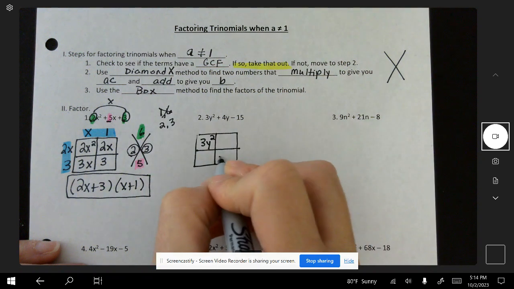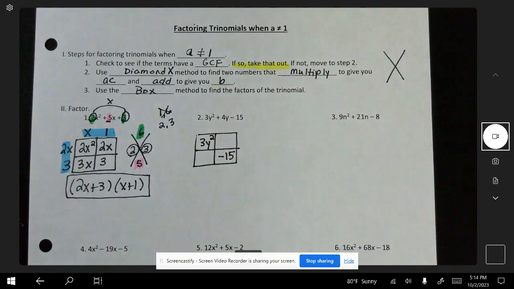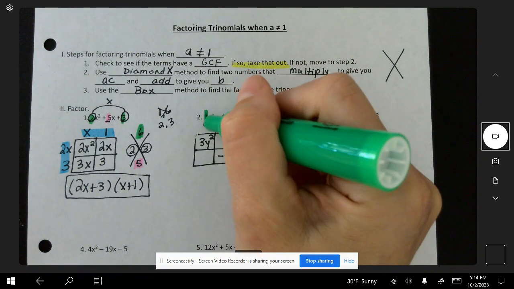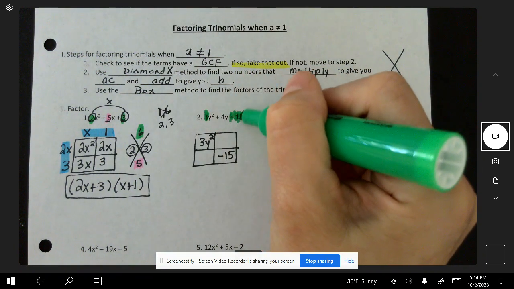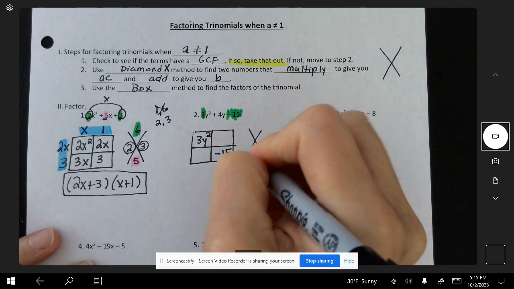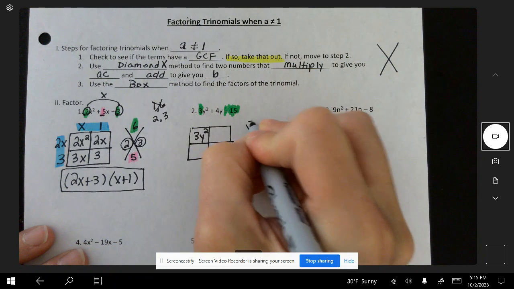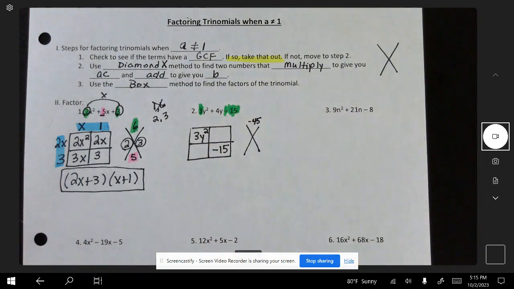The bottom right is negative 15. Now remember, we're multiplying the 3 times the negative 15 to come up with the top number of my x. So negative 15 times 3, that's a negative 45. That's where I get that number from.